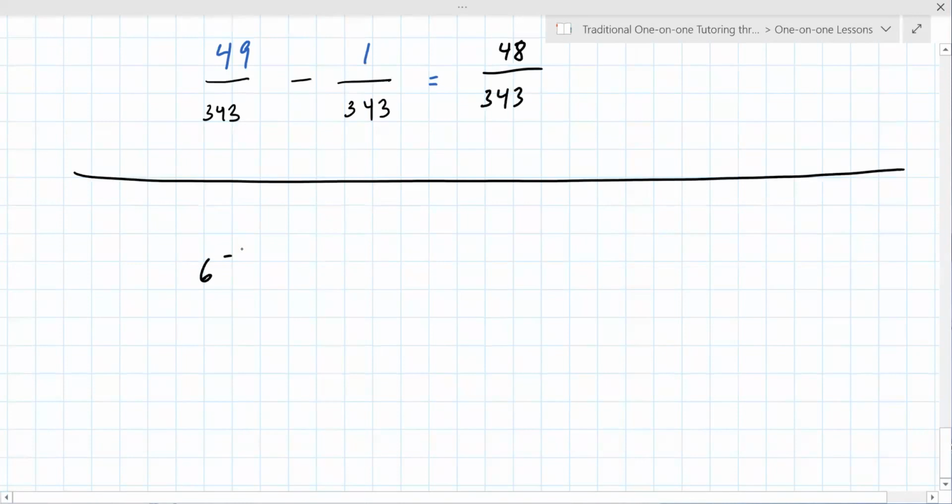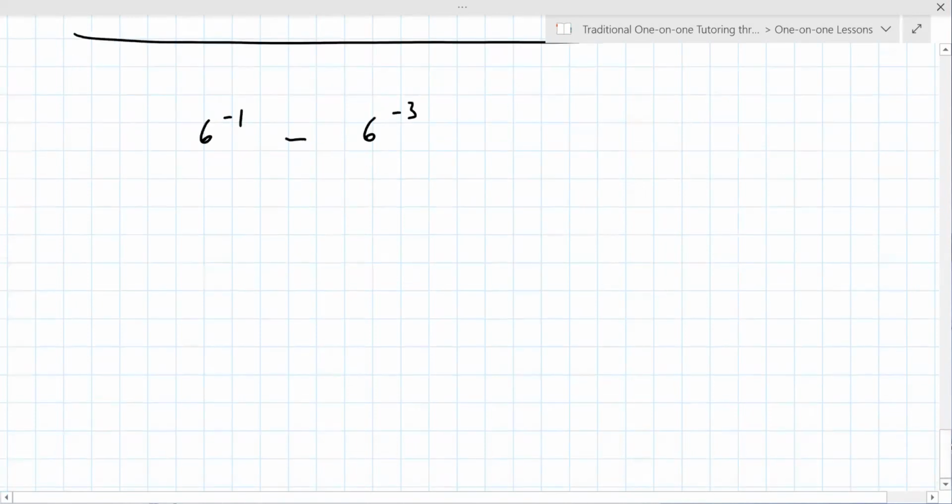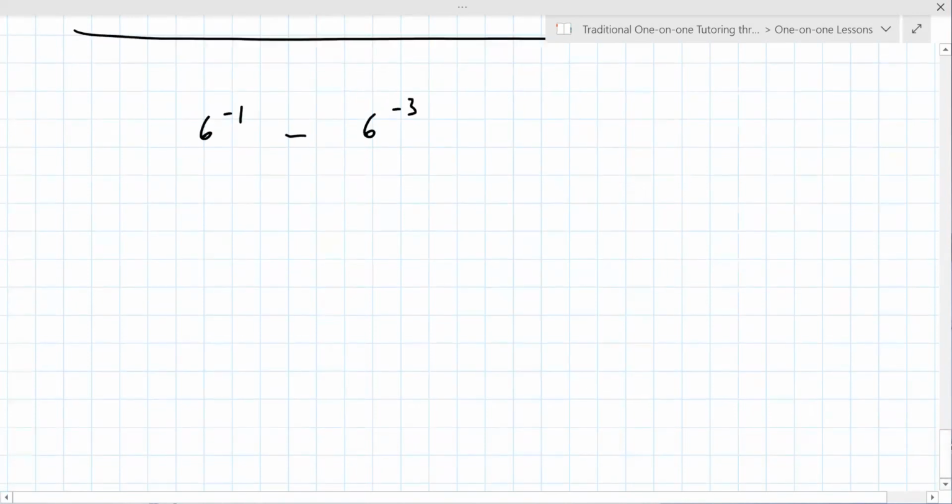Let's go 6 to the minus 1 minus 6 to the minus 3. So 6 to the minus 1 becomes 1 over 6 to the power of 1. You don't have to write that 1, but you can.